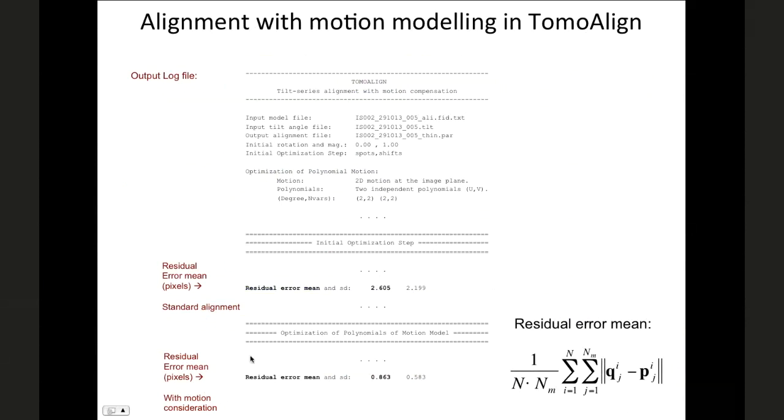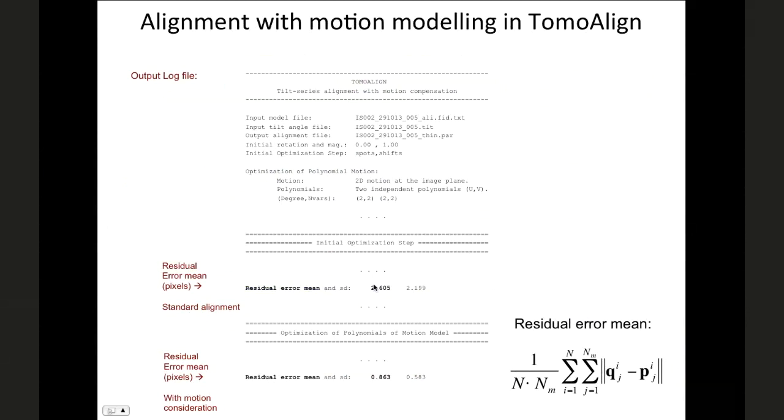So normally with motion we have a decreased residual, indicating better alignment. Another piece of information that can be obtained is the residual for the different images individually.